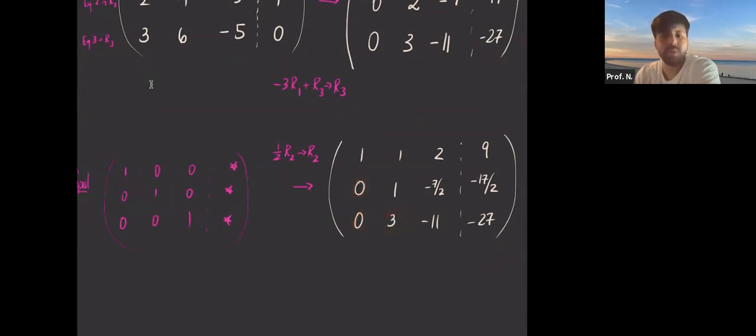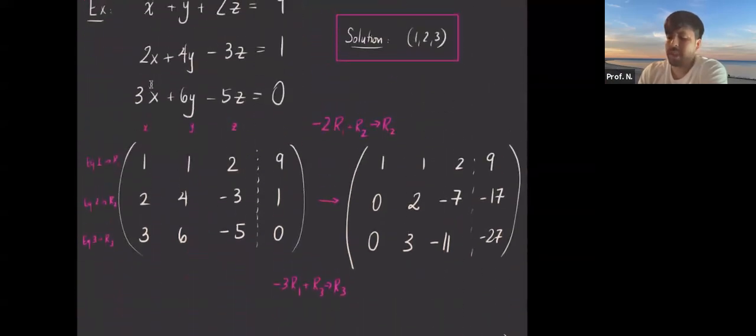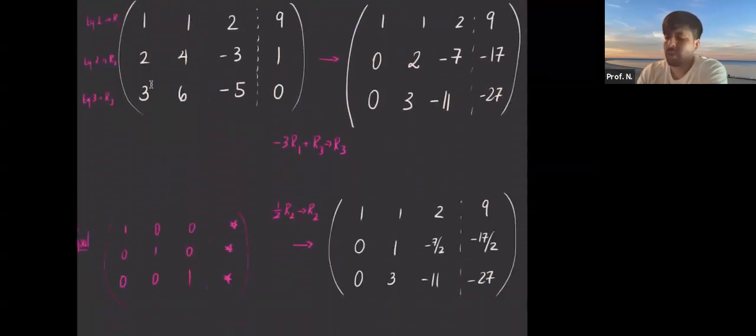So what do I have to do to get rid of that 3? I need to apply an elementary row operation. Is this Gaussian elimination? Yes. So the process that we're doing, guys, is called Jordan-Gauss or Gauss-Jordan elimination.